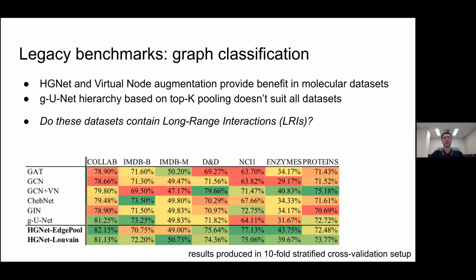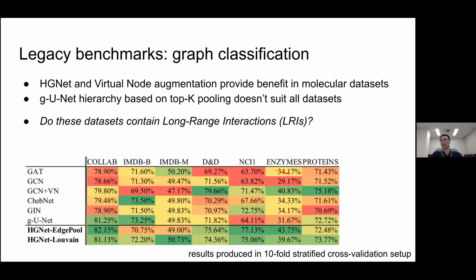Another set of standard benchmarking is for the task of graph classification on data sets such as Collab, IMDb binary, IMDb multi-label, D&D, where it's distinguishing enzymes and non-enzymes, NCI, where we're classifying molecules for whether they are active against lung cancer or not.